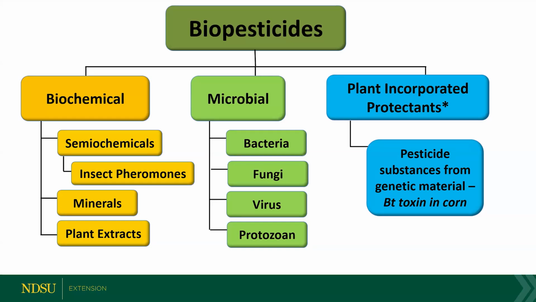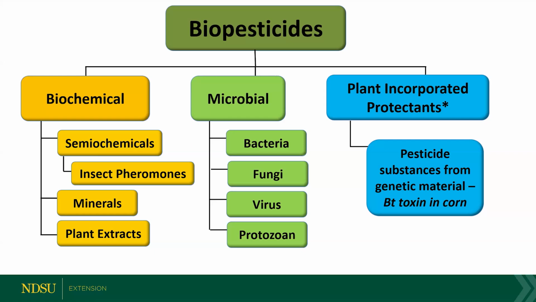Biochemical, we would say, are things derived from different plants, insects, or microbes themselves. Some of these could be the insect pheromones that we use in some of our insect traps. Plant incorporated protectants, an example of this would be something genetically taken out that can be applied, like the Bt toxin, which is used in corn.